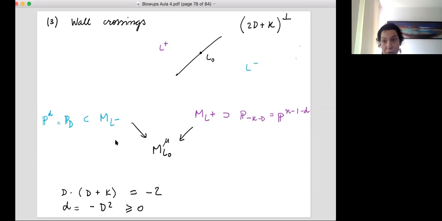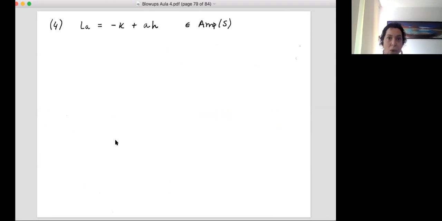So these are what we call the wall crossings, and this is now how we actually construct the correct polarization for our purposes. We look at ample divisors that are of this form, L_A = -K + A times H. If you take A big enough, this will always be an ample line bundle.